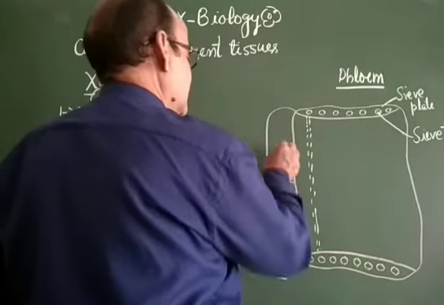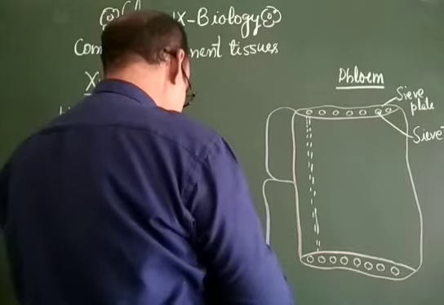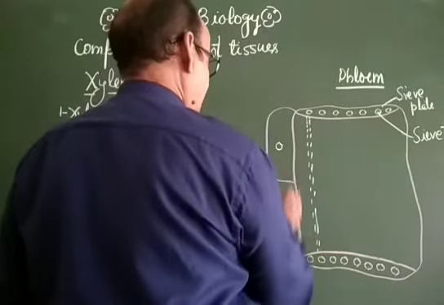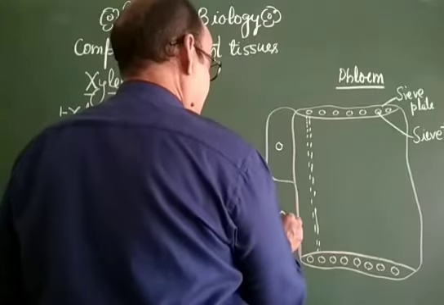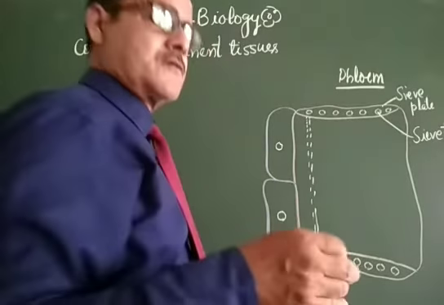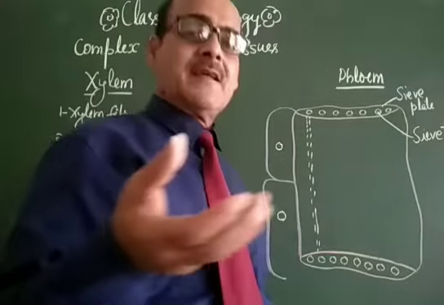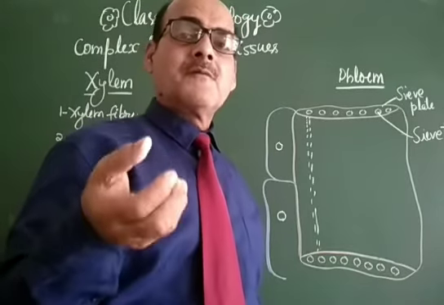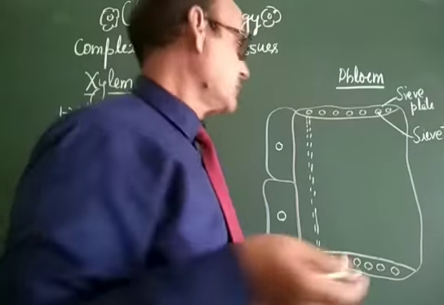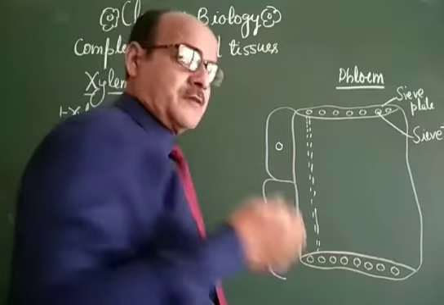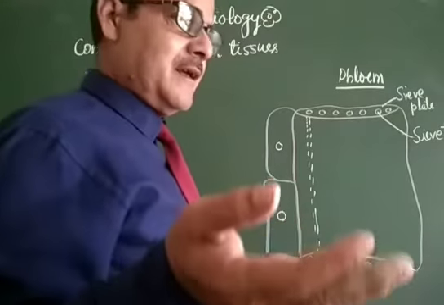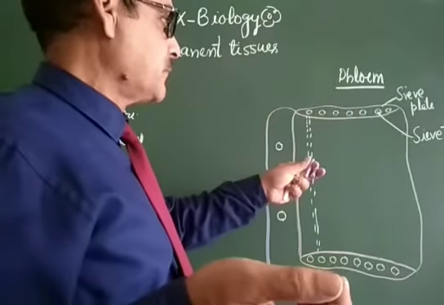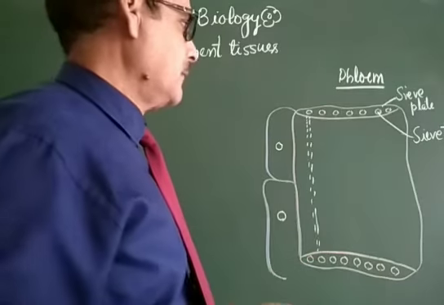This is the phloem parenchyma, which are living cells, and they are the storage cells of food and water. So these are the food storing cells, and they are companion cells with this phloem bundle.